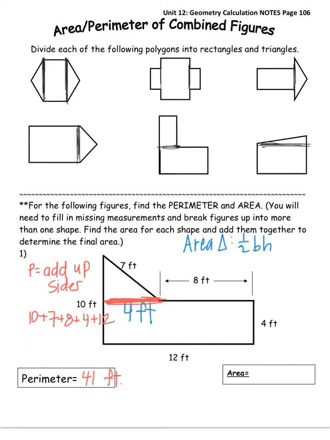Okay, so the base is 4, but what's the height? So again, we have to do some math here. So we have 4 feet right here. So the rectangle here has a width of 4. We have a total here of 10. That means the height of this would be 10, subtract the 4, so we have 6 feet.